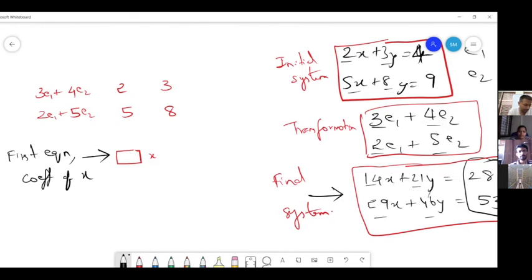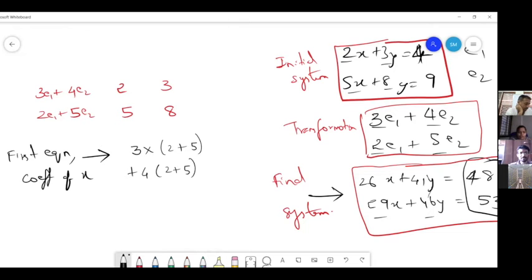I calculated wrongly earlier. 3E1 plus 4E2 is 26x plus 41y is equal to 48. So if I just want the coefficient of x in 3E1 plus 4E2, what should I do?